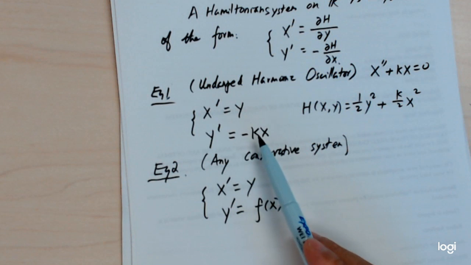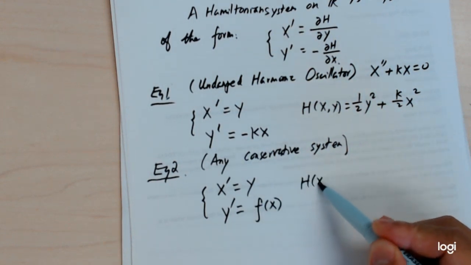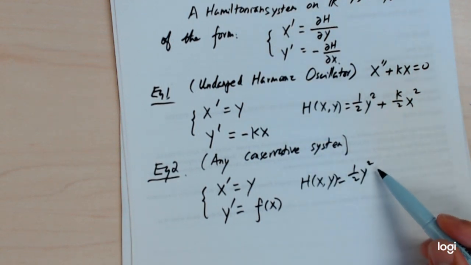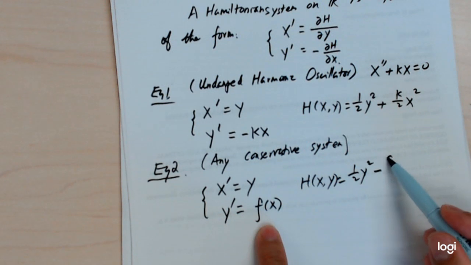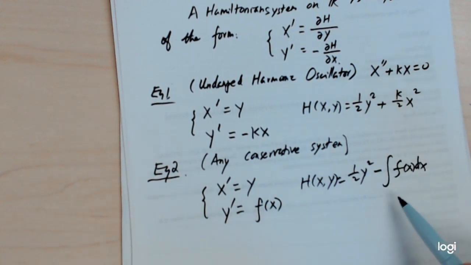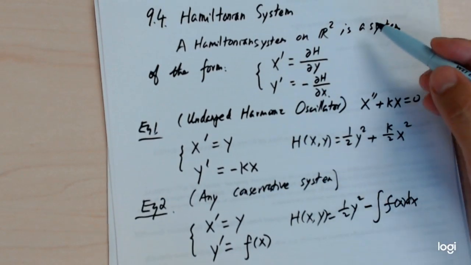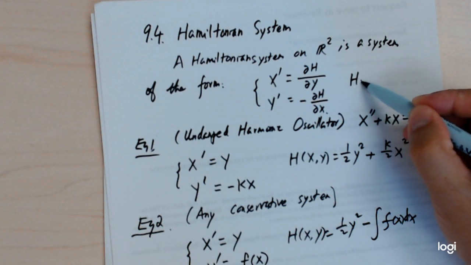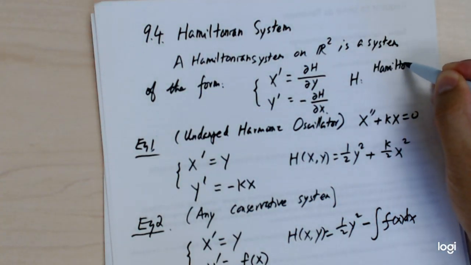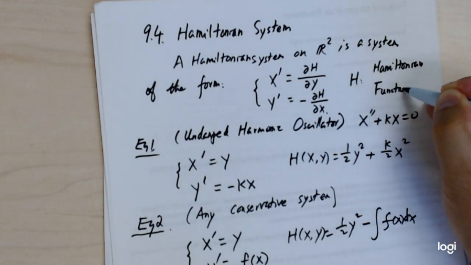In the previous example, it's negative kx. So the H in this case is given by 1/2 y squared minus the indefinite integral of little f. All right, so this will give you the function H. H, by the way, is called the Hamiltonian function.